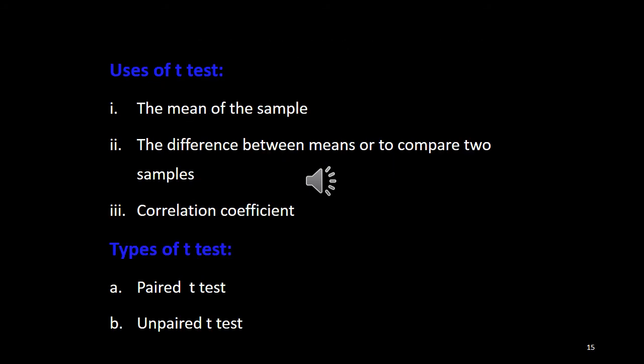Uses of the t-test are: to test the mean of a sample, to see the difference between means, to compare two samples, and to test the correlation coefficient.